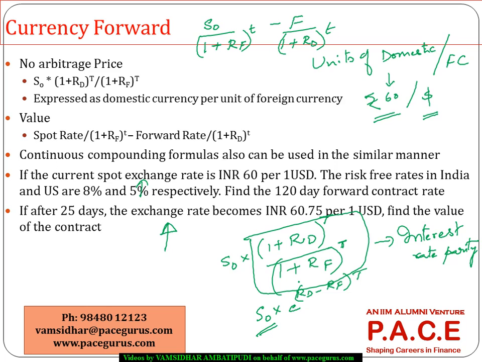So this is how we will look at the currency forward transactions. So like this, on any forward contract, we can talk about the price as well as the value. Price is decided on the day we are entering into the contract, and the value is something that we are going to get as we move down the lane into the contract.